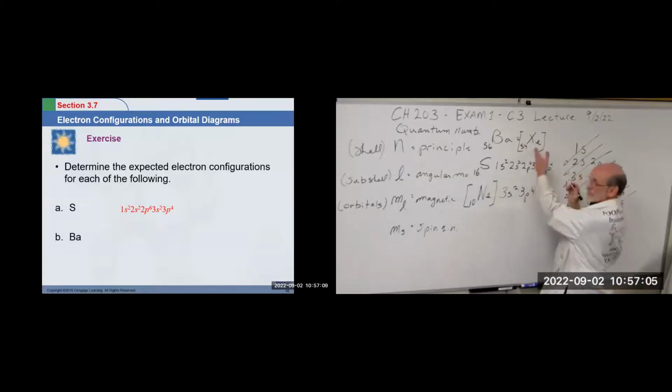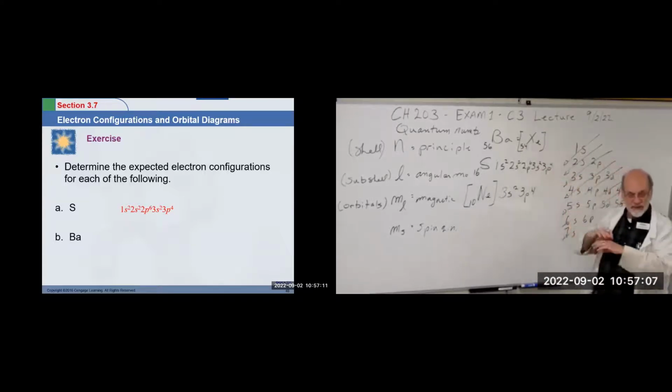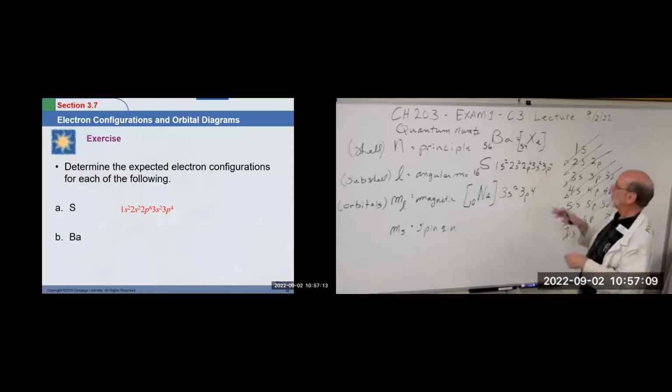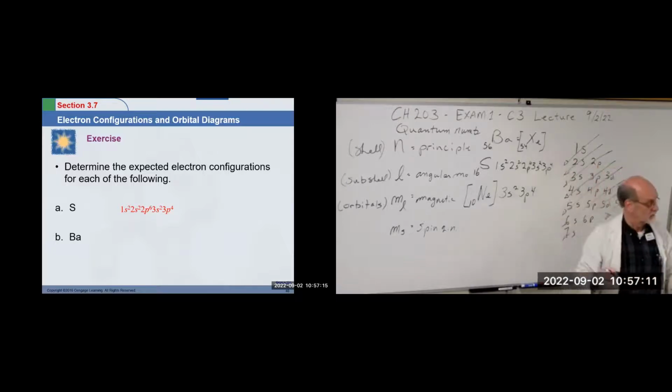All of those orbitals are filled, completely full. But where do you go from there? This is where the structure of the periodic table helps out a lot. So we've got xenon. Now we're at barium. Where's barium? It's in the 6th period.